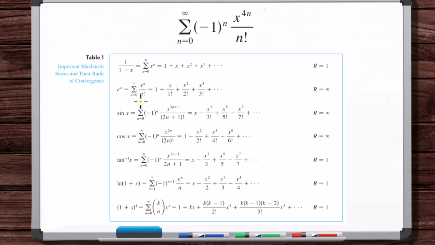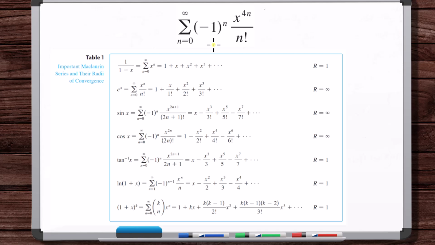Now we see e to the x here. This has the n factorial in the denominator, and you could say e to the x to the 4th power and get x to the 4n over n factorial, but then there's this minus 1 to the n out front.